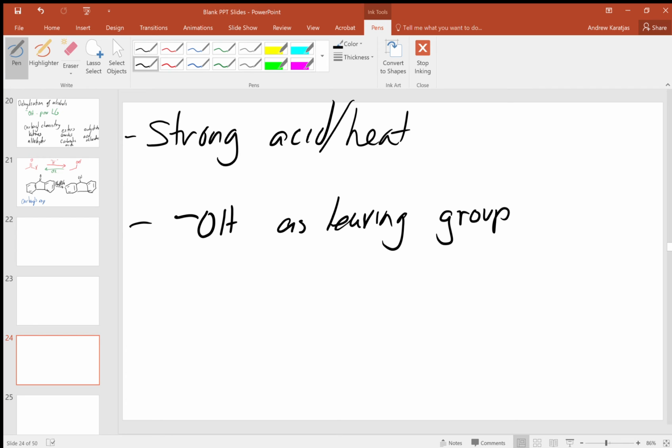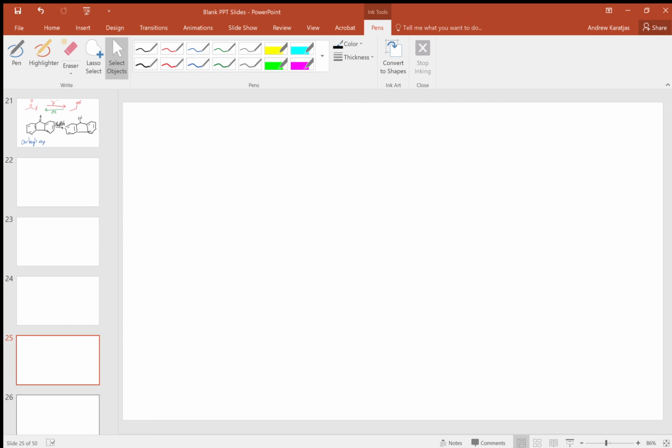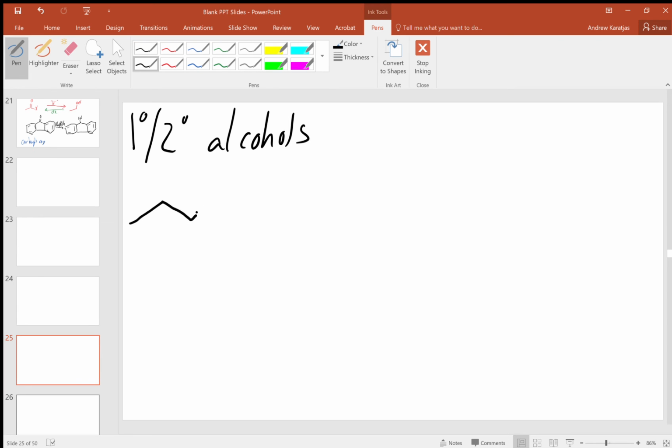So what we showed on the previous slide will work fine for tertiary alcohols. But what do we do for primary or secondary alcohols? Well, it's something that's at least slightly similar to what we saw for nucleophilic substitution.